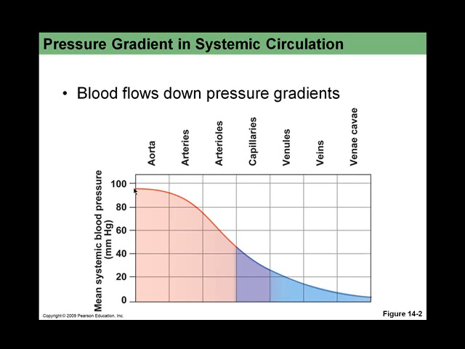The pressure being shown here, as we are trained to read our axes first, is the mean systemic blood pressure. So there is a formula to use systolic and diastolic pressure to estimate the mean systemic pressure, and the units most commonly used are millimeters of mercury.